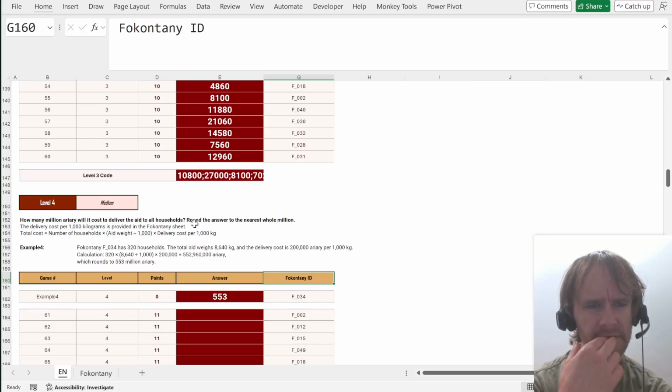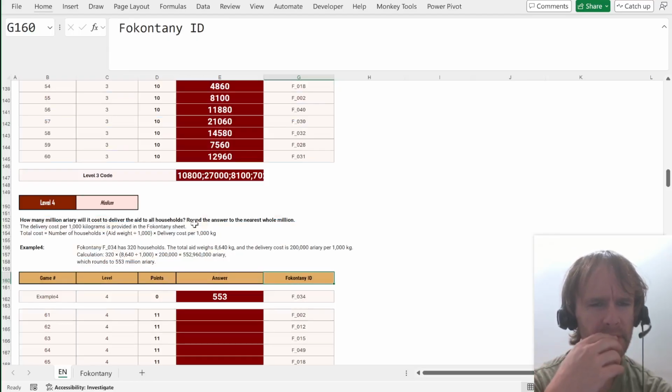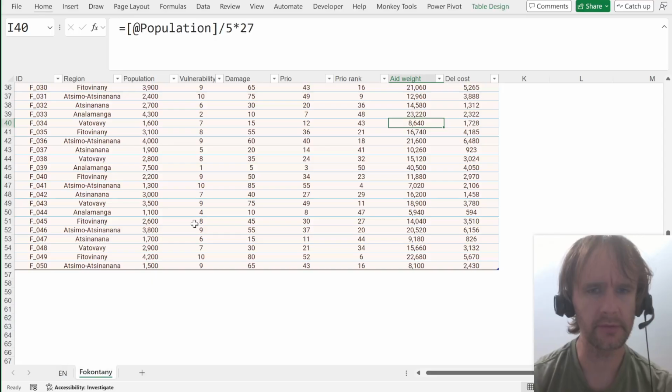I'm definitely misunderstanding something. Total aid is already multiplying in the number of households, isn't it? Yes. So then why would you be multiplying by 320 again? I'm just going to do what it says, but I don't think this makes sense.